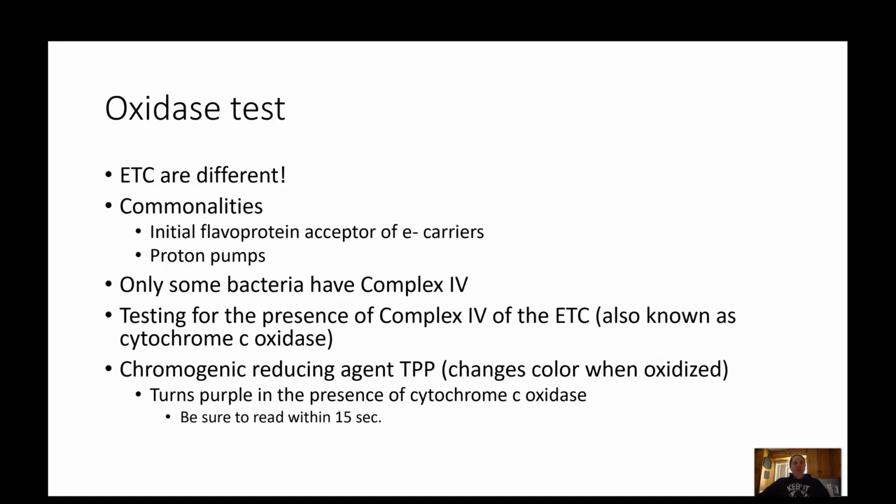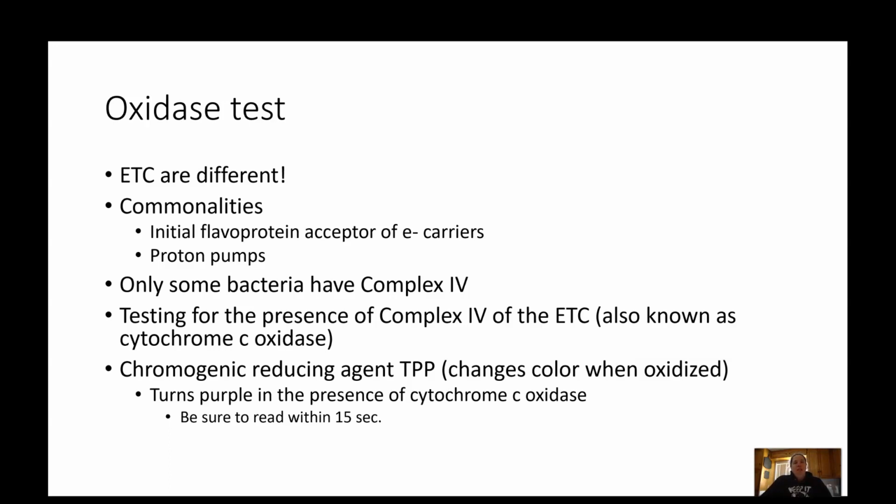Now, if you look at the electron transport chain, some bacteria have what's called complex 4, so it's one last step in their electron transport chain, and some don't. And so what this oxidase test is doing is it's specifically looking for bacteria that have this complex 4. And complex 4 is also known as the enzyme called cytochrome C oxidase.